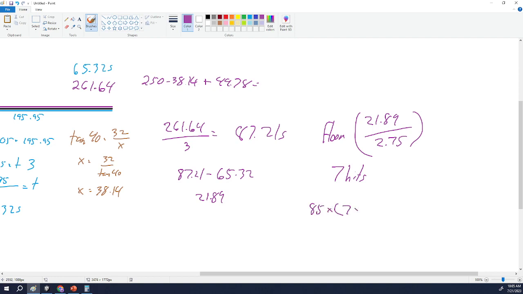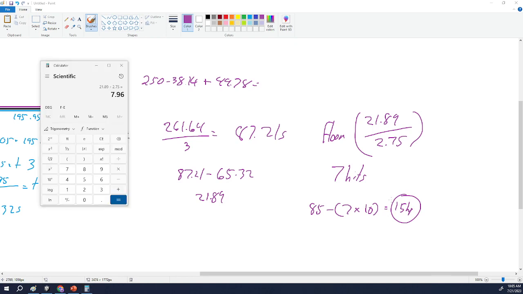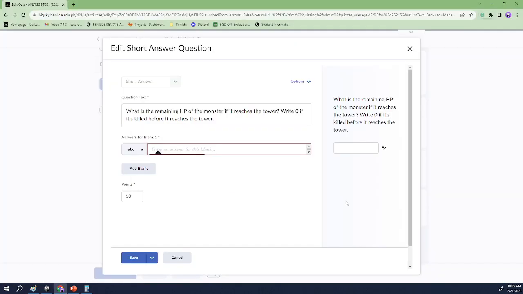Minus 7 hits times 10 damage. We are left with 15. His health will be 15 HP when he reaches the tower. Talo si Archer. That is the remaining HP.